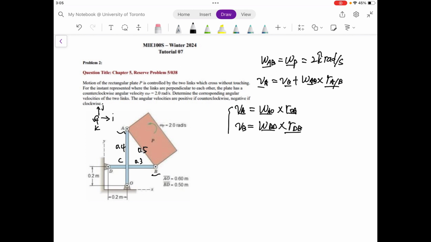If we put these two equations into our second equation, we will get omega AO cross ROA is equal to omega BD cross RDB plus omega AB cross RBA.